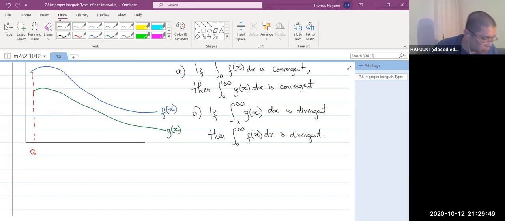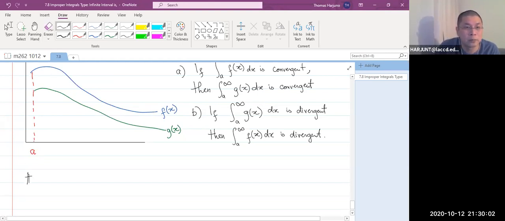Okay, I pick questions from our textbook. For example, I think number 8 is good. Number 8. Integral from 1 to infinity of 1 over (2x plus 1) cubed dx.